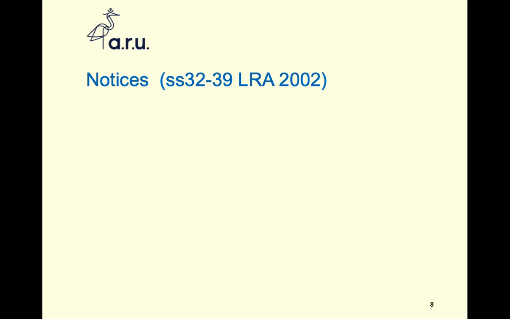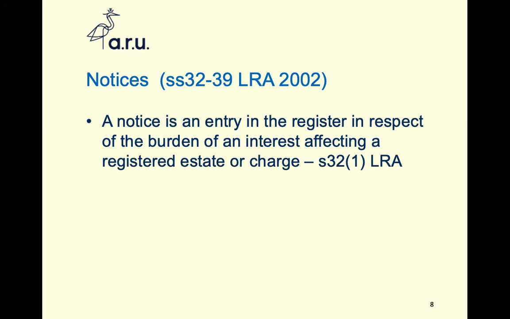So after a registrable disposition, such as the registered charge, we will have the ability for other parties to show in that mirror, that reflection of interests in the land, that they exist, they have some sort of hold. Notice is a form of entry on the register, and it does relate to some form of burden that affects that estate itself.